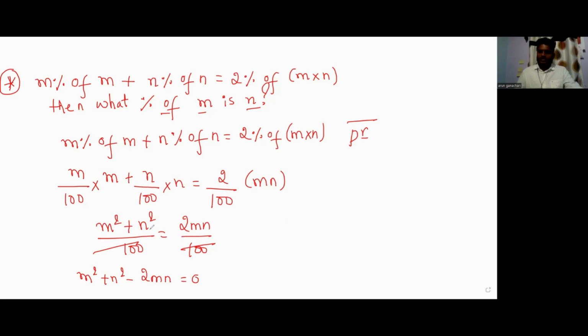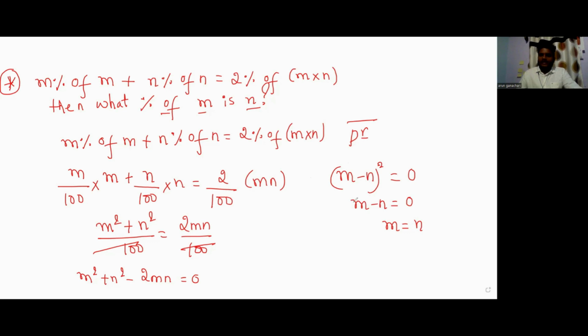Getting this? Now this M square plus N square minus 2MN is nothing but M minus N the whole square, which is equal to 0. Or M minus N is equal to 0. Or M is equal to N.